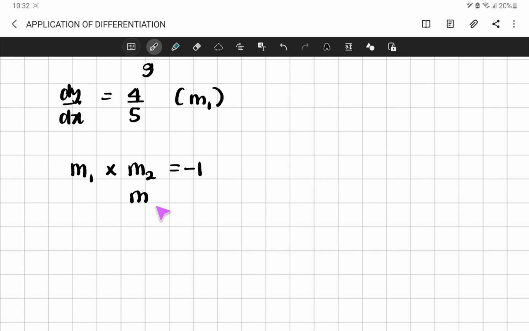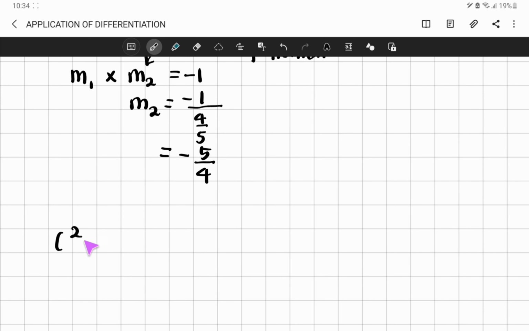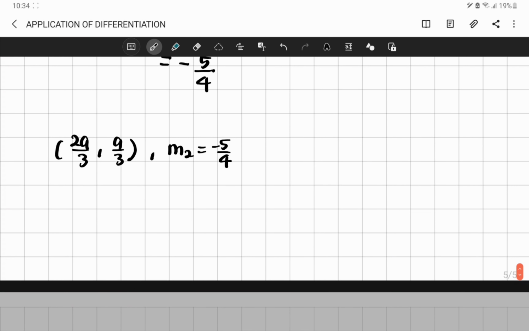The gradient of the normal is -1 divided by 4 over 5, which is -5 over 4. Using the point 2a over 3, a over 3, and gradient of normal -5 over 4, we can find the intercept using y equals mx plus c.